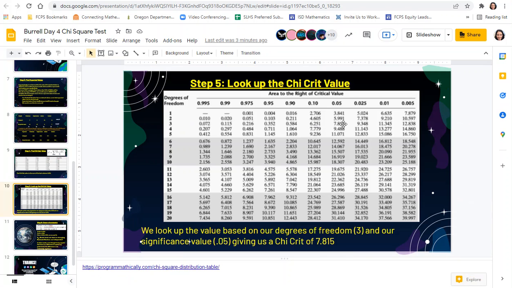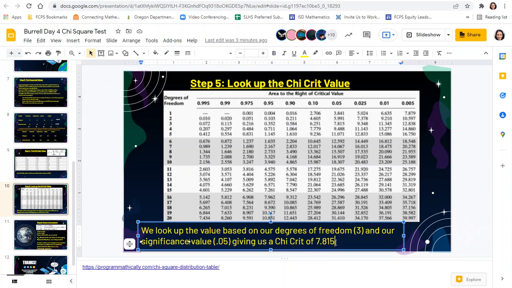Usually we do a 5% significance level, but there is a problem in your homework that asks for a 1% significance level, so just pay attention to your significance level. You find your critical value here, the 9.4, nope, I'm too low, 7.815. So it was degree of freedom 3 and the 5% significance level, and here it is down here, it says 7.815.